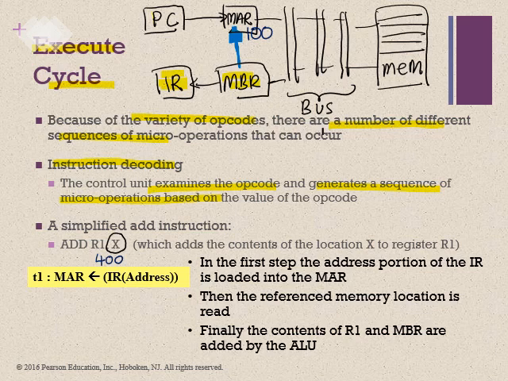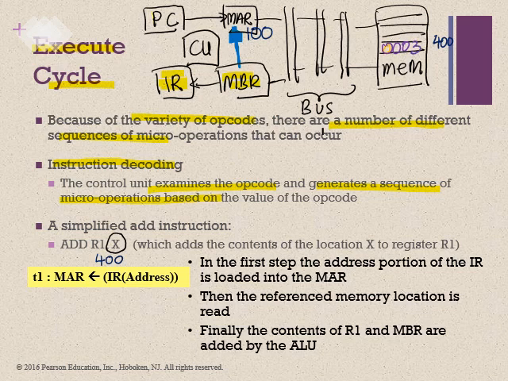Then the control unit, which is in the middle, will produce the read instruction. So we go to address 400 here in memory, and we find that the value is 0003.